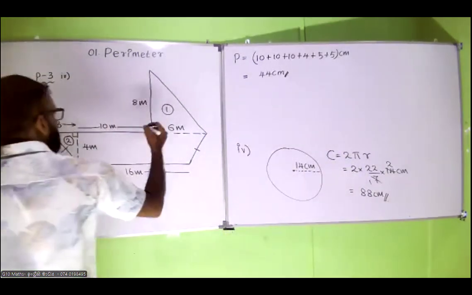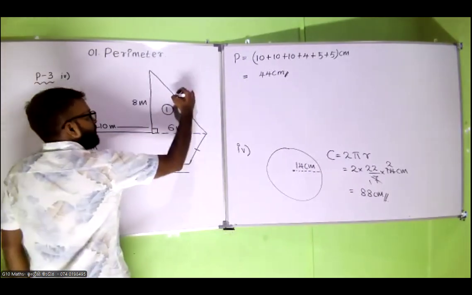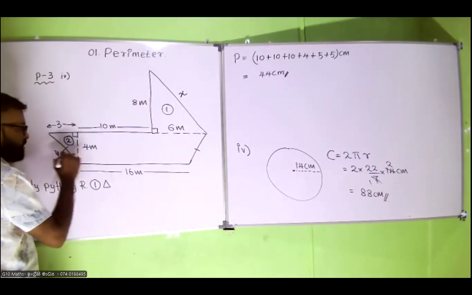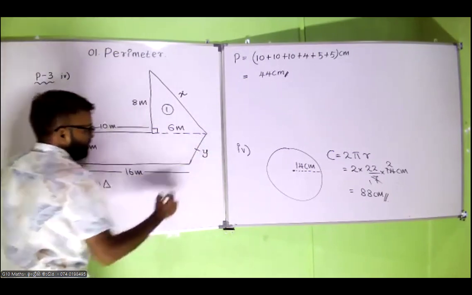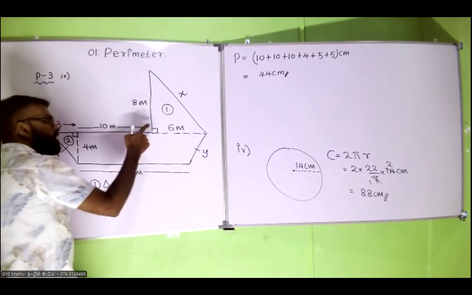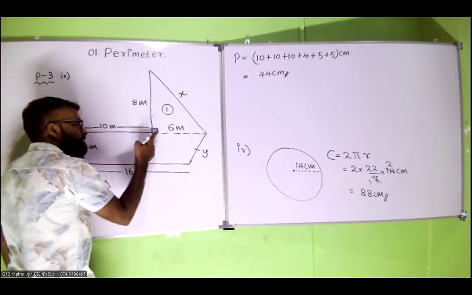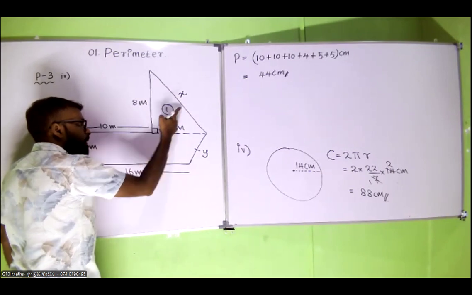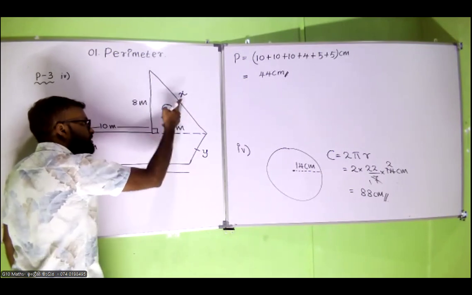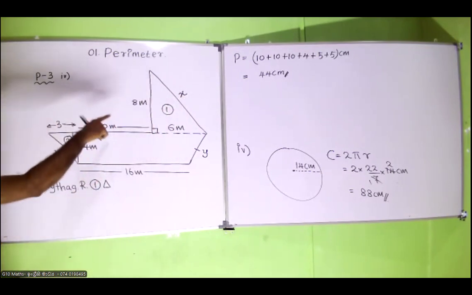I will take this length as X and this length as Y, so that this length also becomes Y. What did I tell you earlier? The hypotenuse is in front of, the opposite side of, this right angle. So this is the hypotenuse, and I have to begin from that.